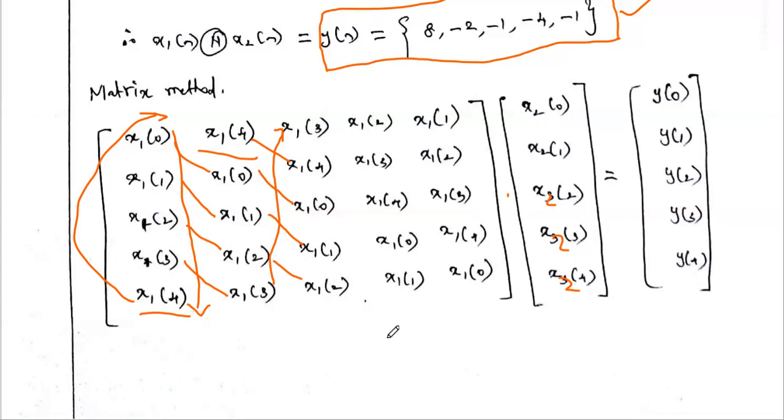Multiplying this 5 cross 5 matrix with the 5 cross 1 matrix gives 5 answers, which are y of 0, y of 1, y of 2, y of 3, y of 4. This process is called the matrix method.